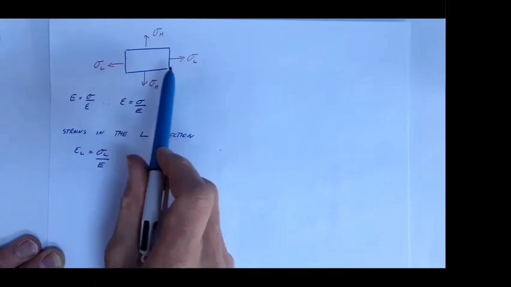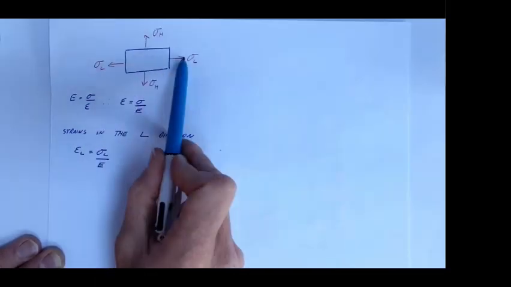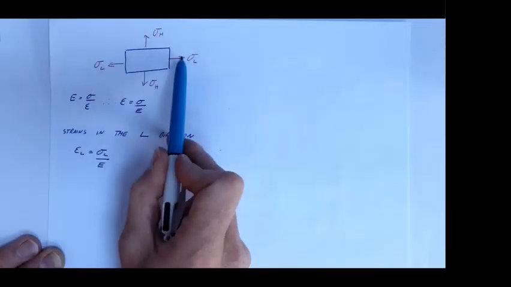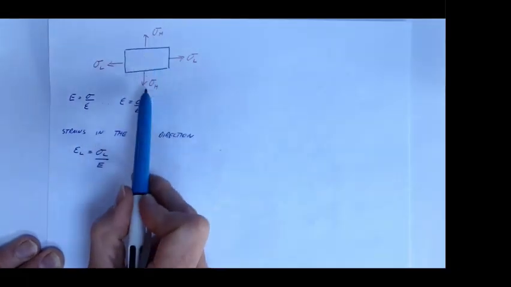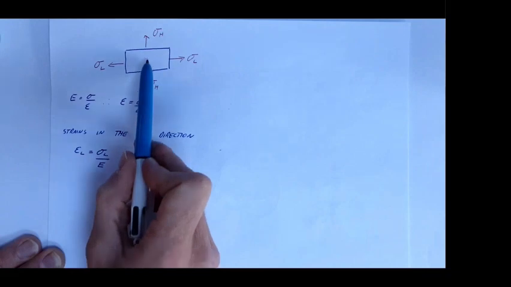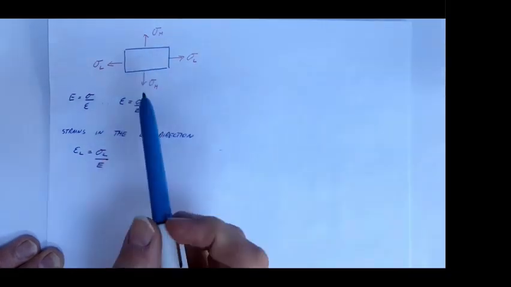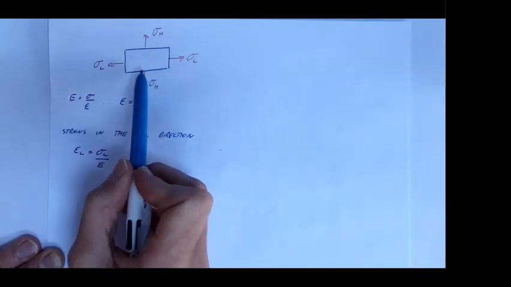But in addition to that, there is another strain in this direction, which is caused by the fact that we're stressing in this direction. If we're causing a stress in this direction, the structure is going to get thinner in this direction.